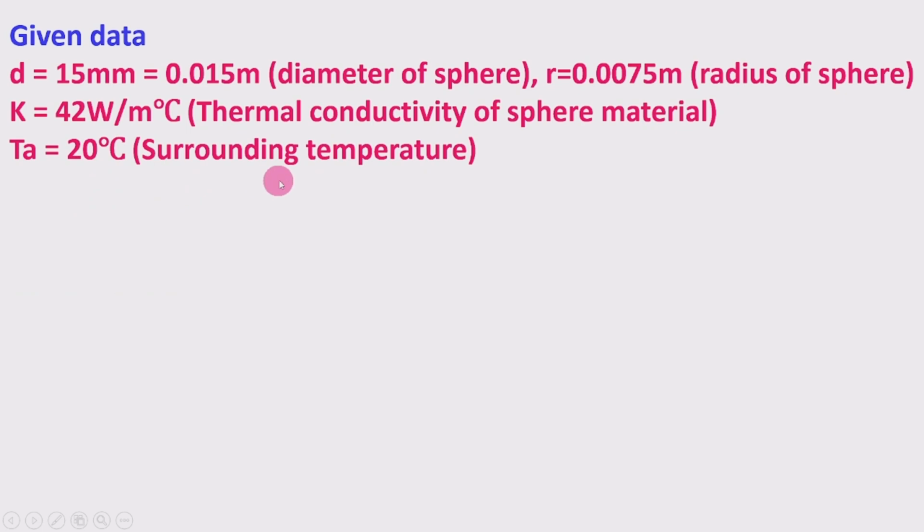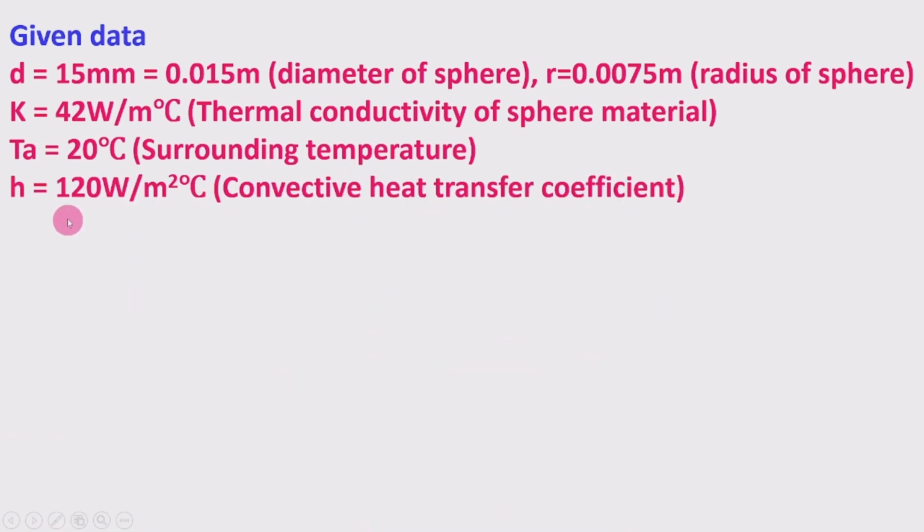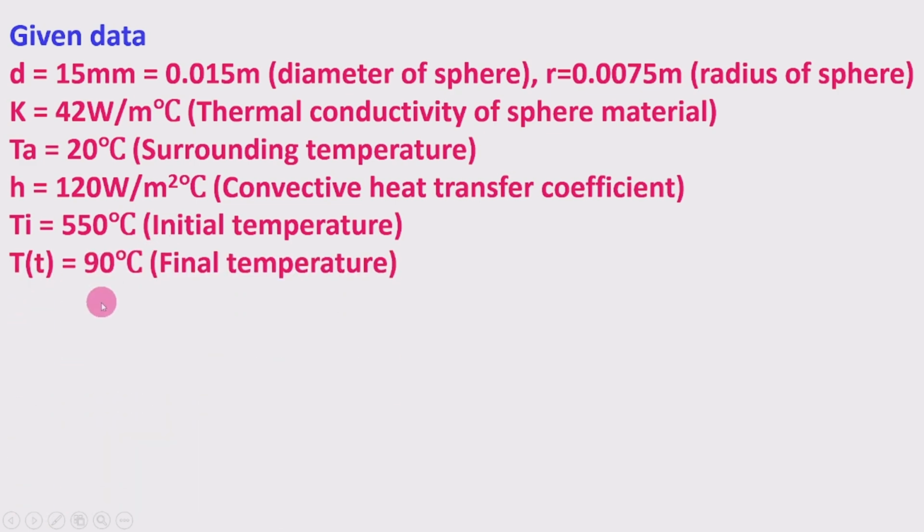T infinity equal to 20 degree Celsius, surrounding temperature, that is air temperature. H equal to 120 watt per meter square degree Celsius, convective heat transfer coefficient. Ti, initial temperature 550 degree Celsius. T of t 90 degrees Celsius, that is the final temperature.